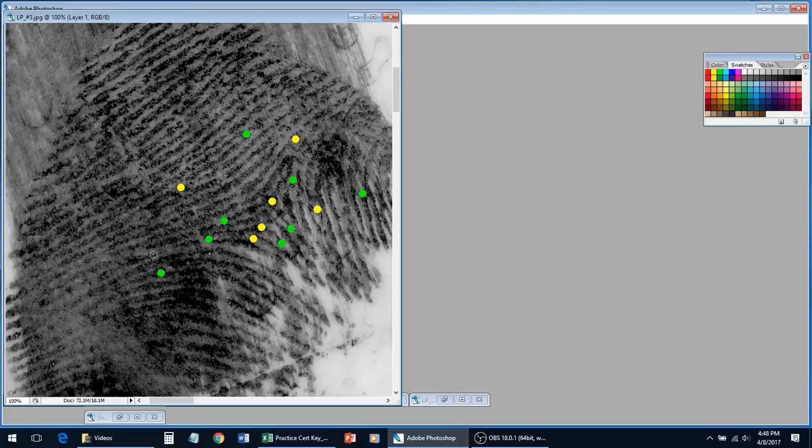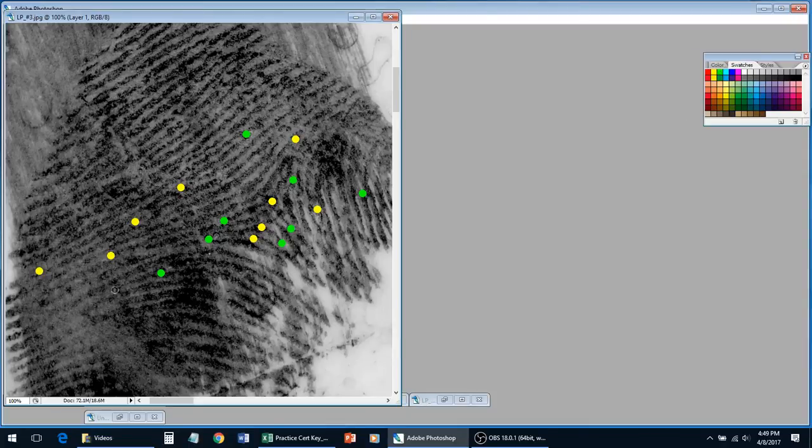So sometimes you'll see something that looks separate, so that you'd think it's a ridge ending. But other times, if you push harder, that little shoulder between the furrow and the ridge can touch, and then all of a sudden it looks like a bifurcation instead.